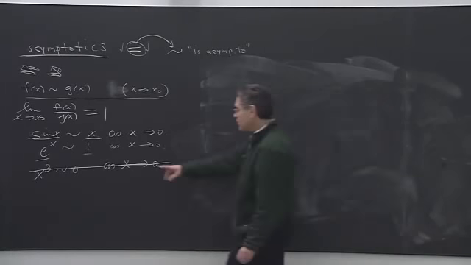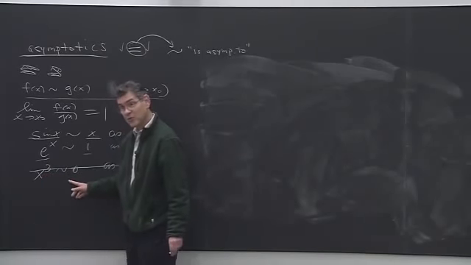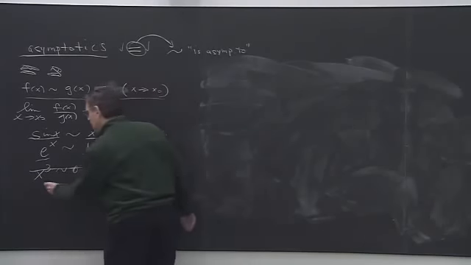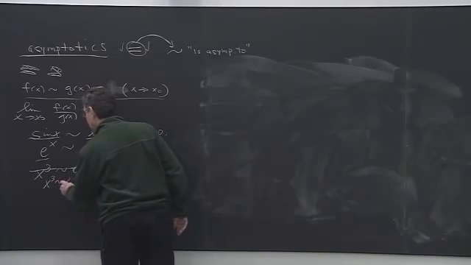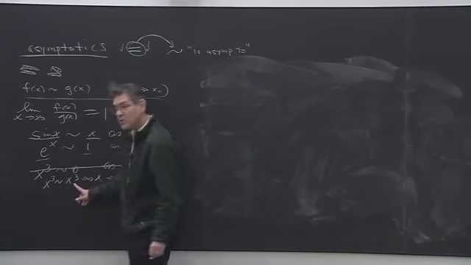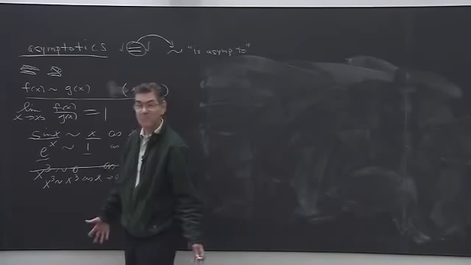Of course, x cubed is very, very small as x approaches 0. But the best that I can say is that x cubed is asymptotic to x cubed as x goes to 0, because I don't know a simpler way of writing this. Of course, I could write it in a more complicated way.